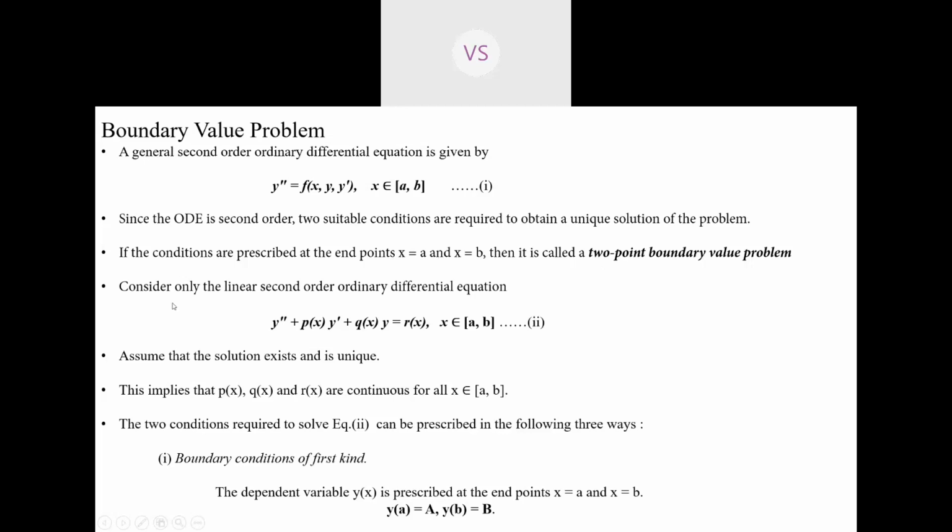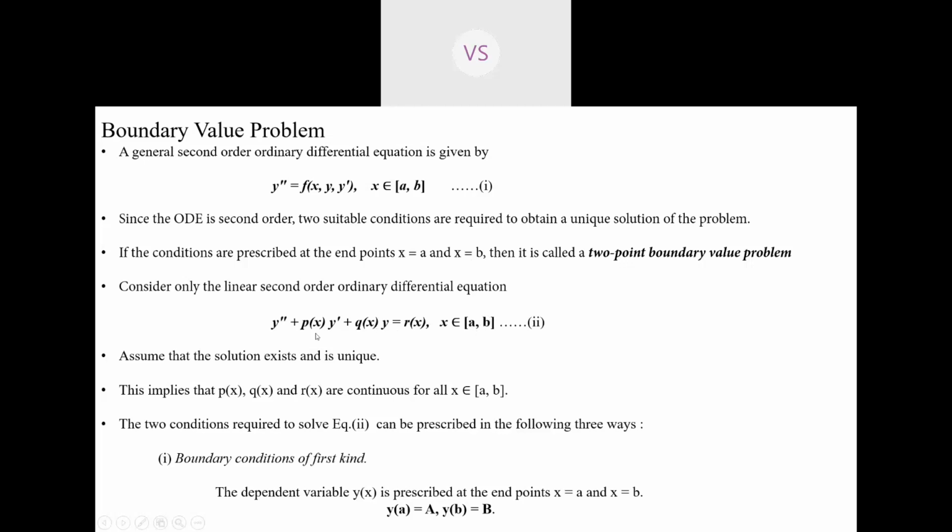Consider a linear second order differential equation, known as y double dash plus p of x y dash plus q of x y is equal to r of x, x belonging to a, b. Here a is the initial point and b is the end point, so these conditions are mentioned over here.